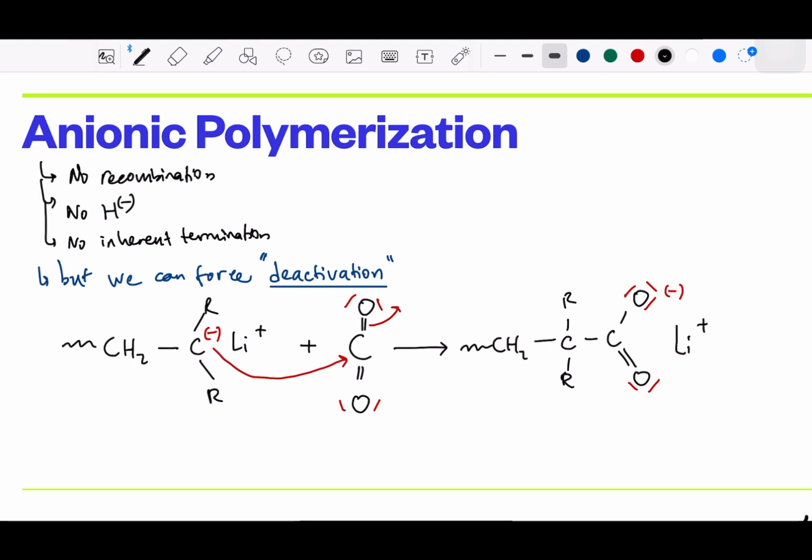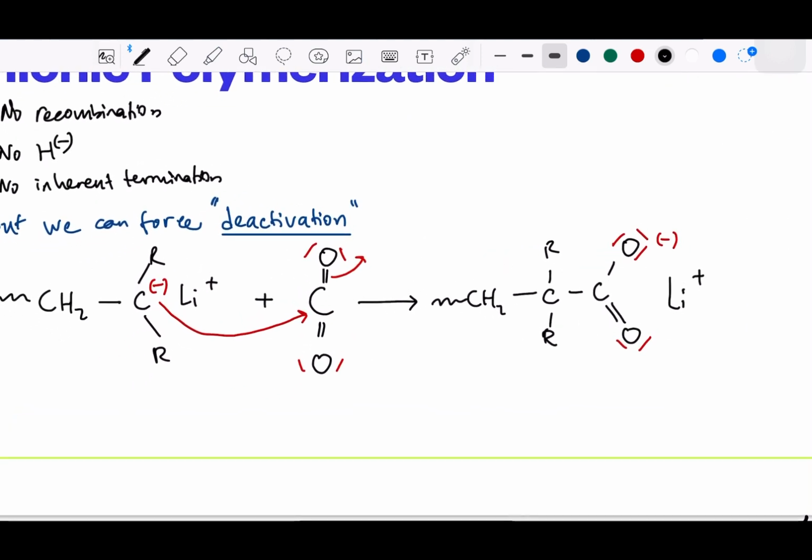And let's say we take it into HCl. It will react with the H plus, so the Cl will go over here.